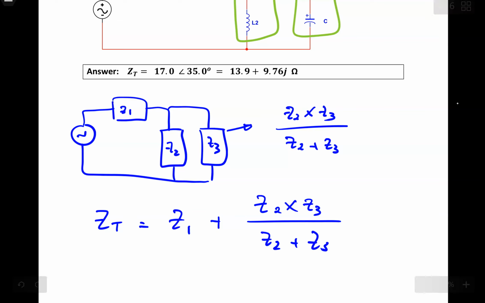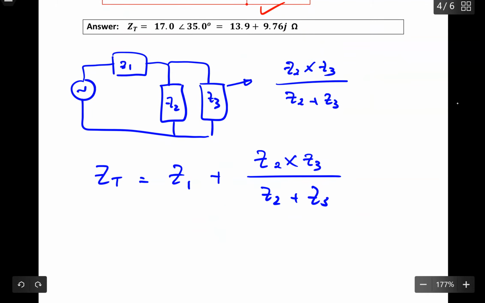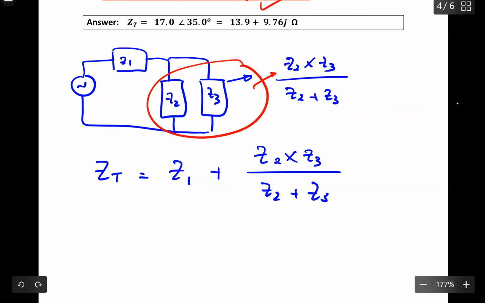Let's double check. I think we should be okay. Don't forget that this part will take a negative part of J, this one will take a positive part of J, and also we take the positive part of J there. It's Z1 plus the product over the sum of these two parallel to each other. So that is right there.